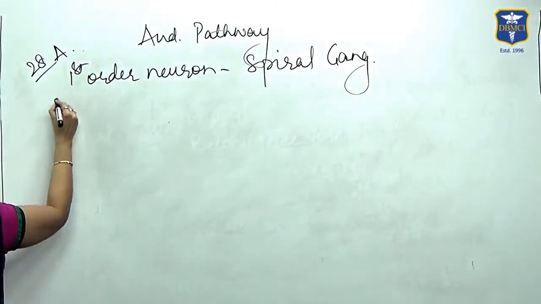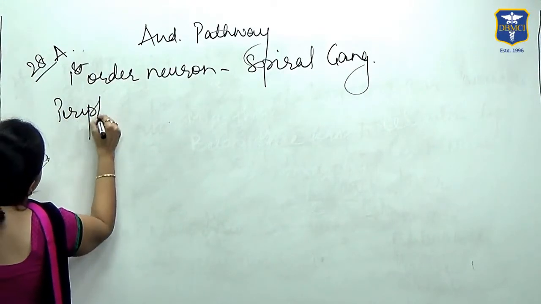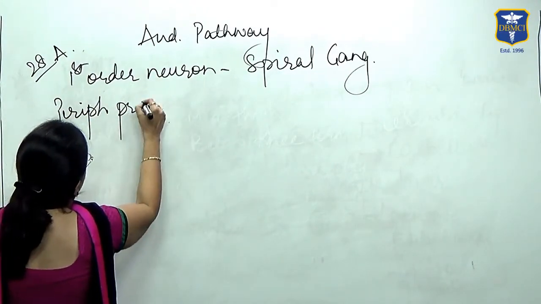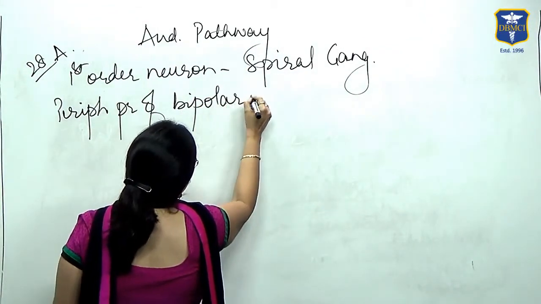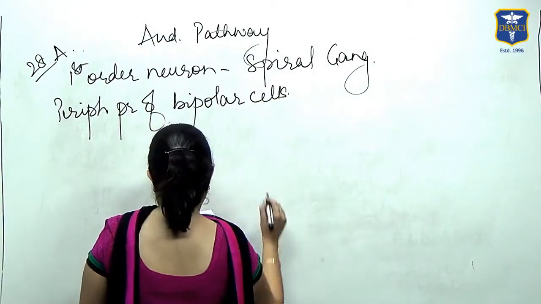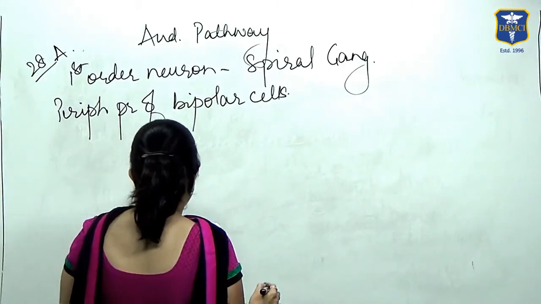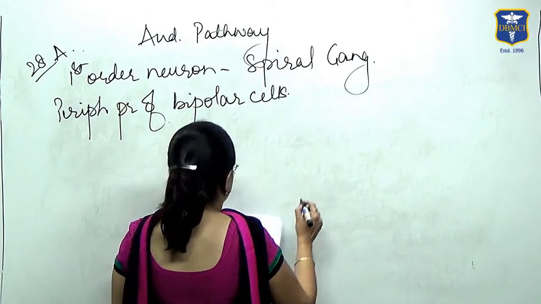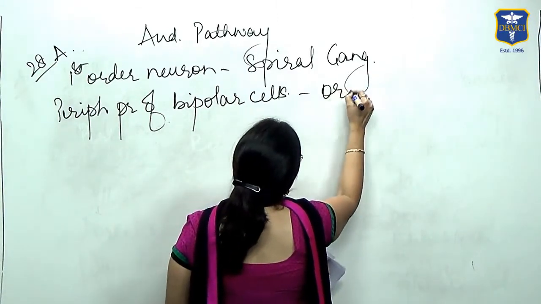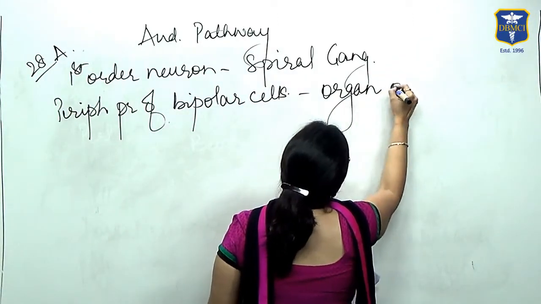The peripheral processes of the bipolar cells innervate the organ of Corti.